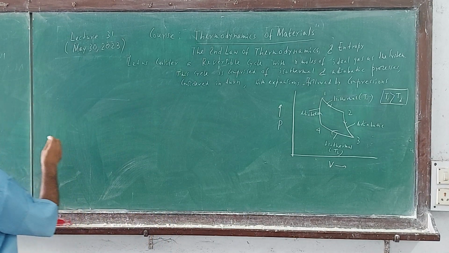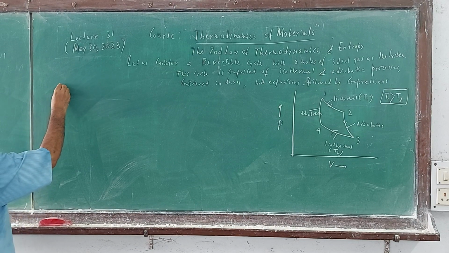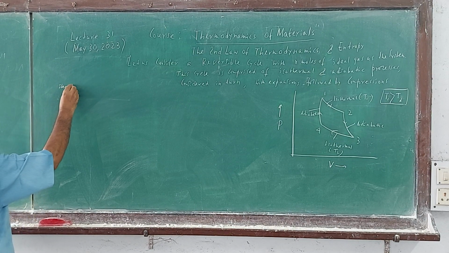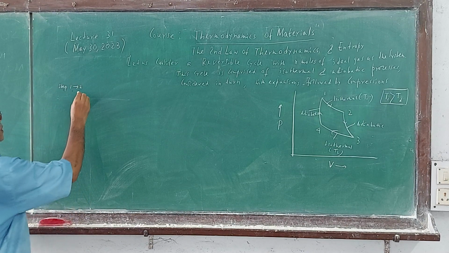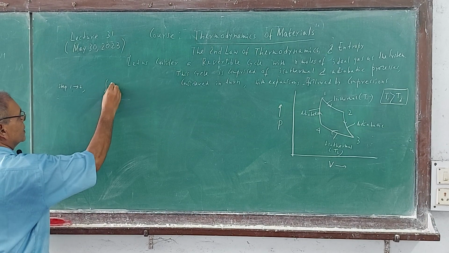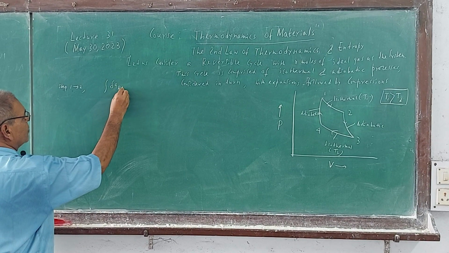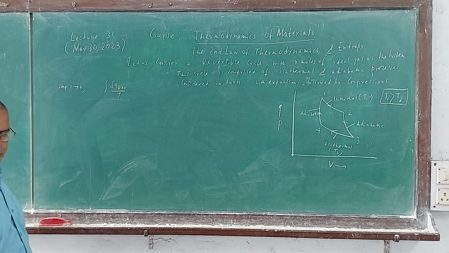First we consider, for some reasons, I will not reveal it now. Step 1 to 2: we consider integration dq reversible by T over 1 to 2. We consider these functions dq reversible by T for some reasons.